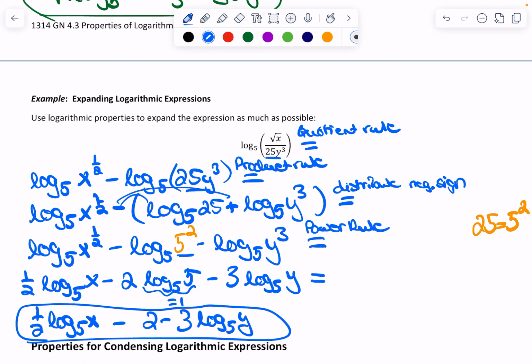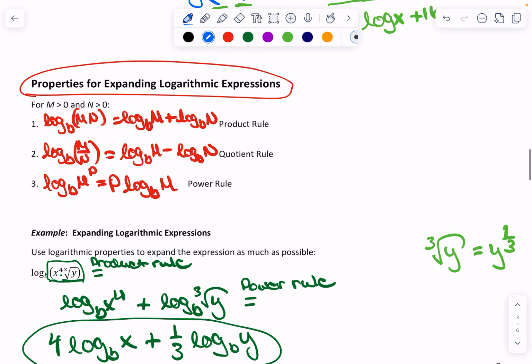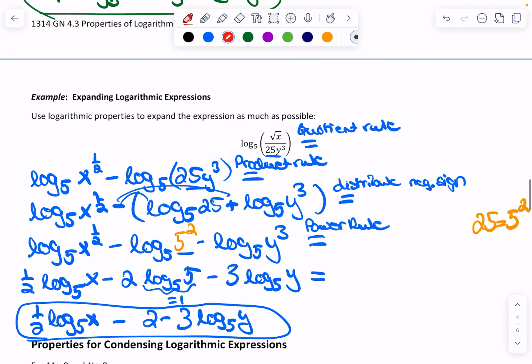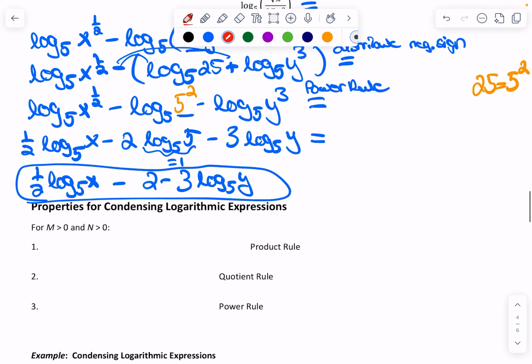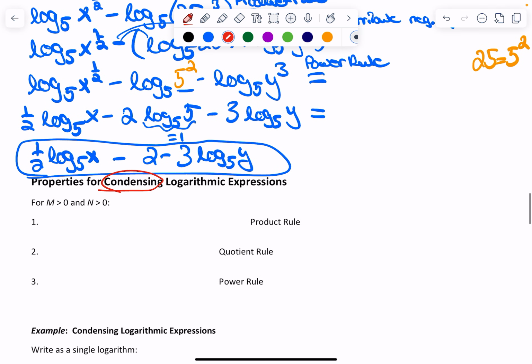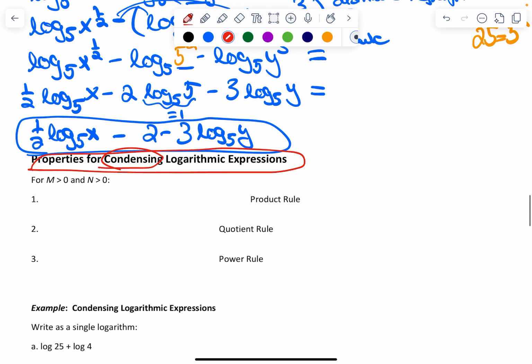So these were all for expanding, right? Well, now we're going to look at condensing. So, properties for condensing. Well, the properties are the exact same. They haven't changed.